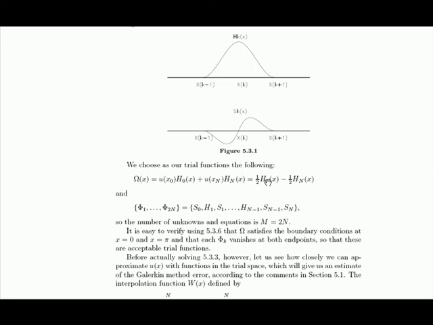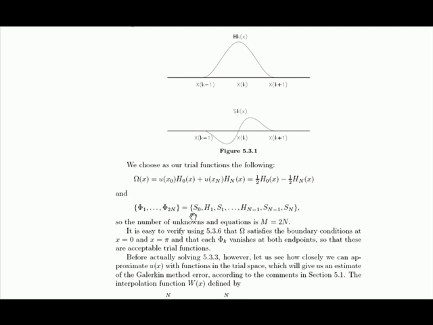It'll be equal to 1/2 at 0, 1/2 times 1. It'll be minus 1/2 at pi, because that's minus 1/2 times 1. And the phis are going to be a mixture of s's and h's. It's going to include all the s's and h's except, notice, it does not include h0 or hn.